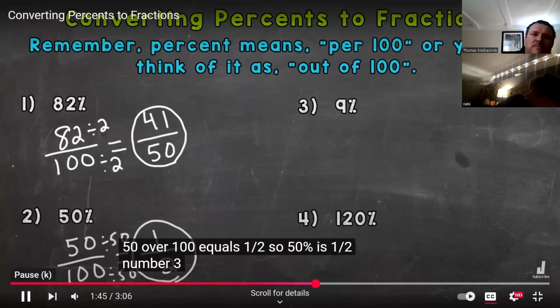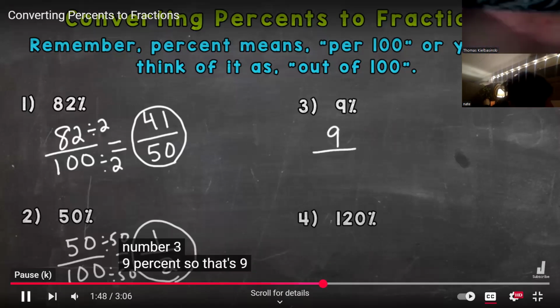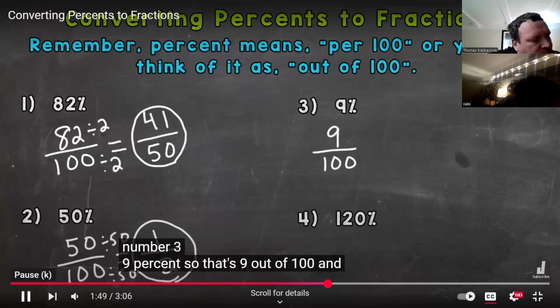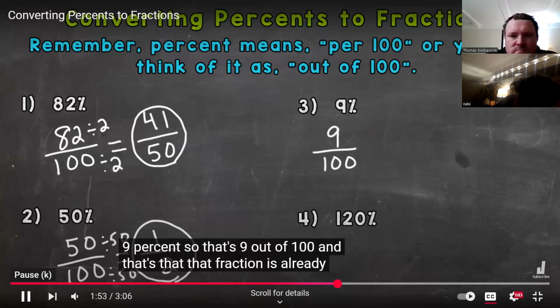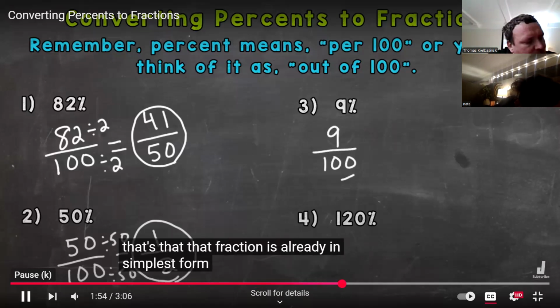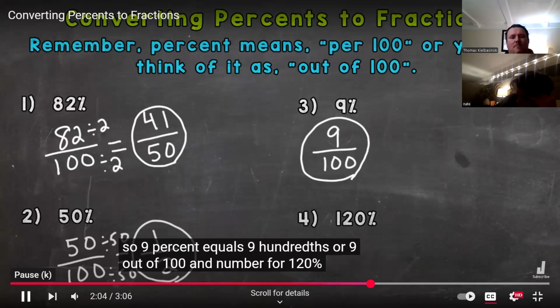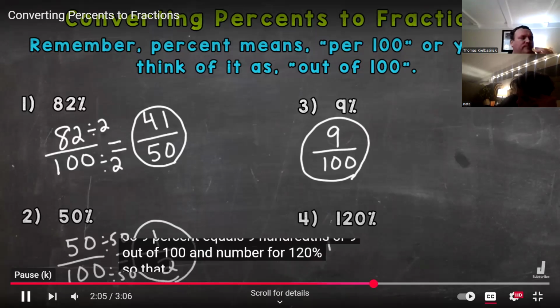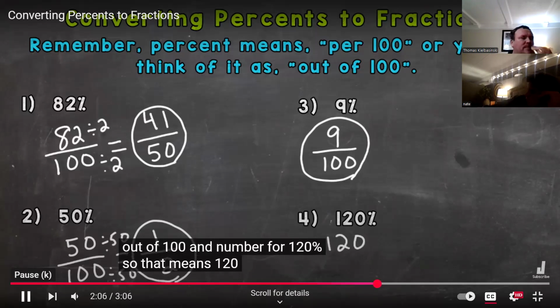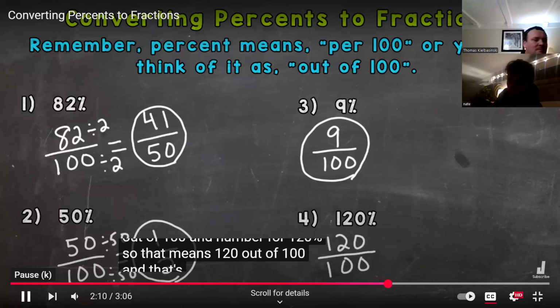Number 3, 9%. So that's 9 out of 100. And that fraction's already in simplest form. So 9% equals 9/100ths, or 9 out of 100. Number 4, 120%. So that means 120 out of 100. And that's an improper fraction, so it's going to be greater than 1 whole.